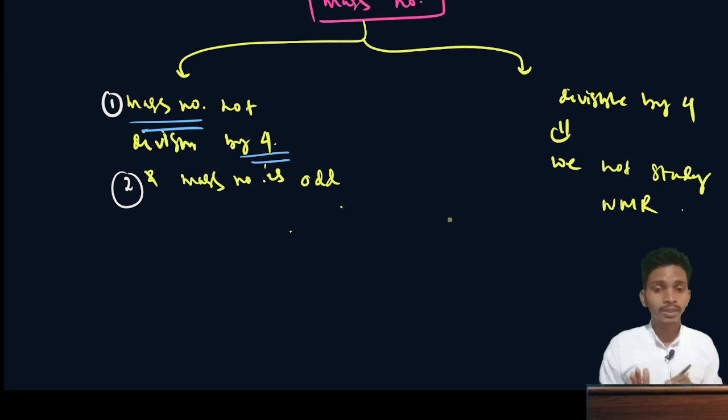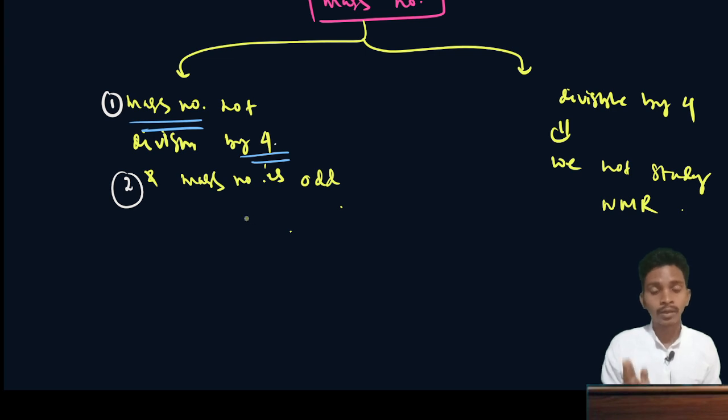And if it is not divisible by 4 but it is an even number, in that case we will get NMR data, but the signals are not sharp, they are broad signals, and because they are broad, they are not useful to characterize the structure of a molecule.